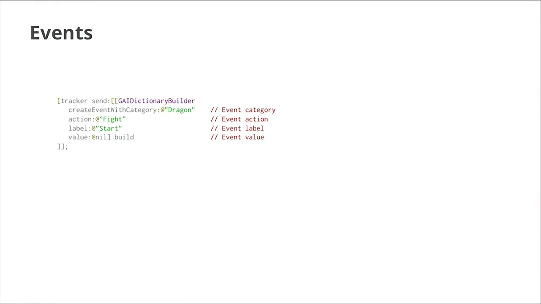But for every event, you can categorize your events. We allow you to categorize your events in a hierarchy, so you can keep them in groups. For each event, you can send us a category, an action, and a label. And if you so choose, you can associate a value. For example, if I have some achievement that got unlocked and I would like to associate some value to it, you could do that, and then you can use that value in analysis.